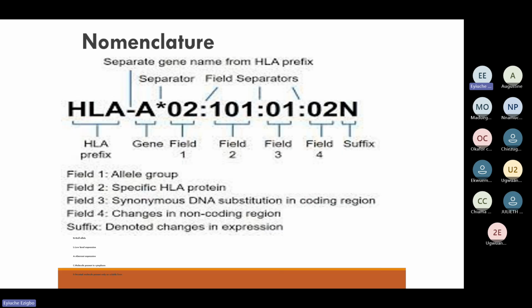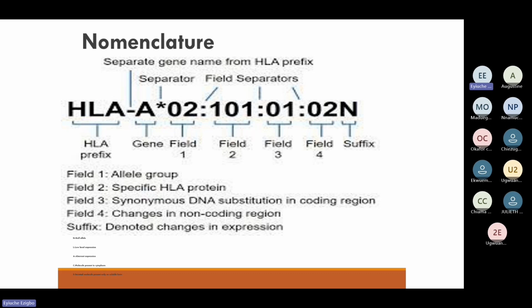So this is a slide showing the nomenclature of the HLA complex, how they try to name it. We have the prefix, HLA, the gene, the field, then the separator. Field 1 is the allele group. Field 2 is the specific HLA protein, and field 3 is synonymous DNA substitution in the coding region.